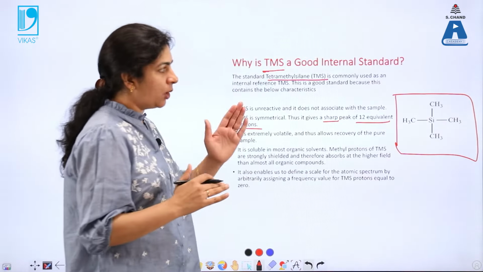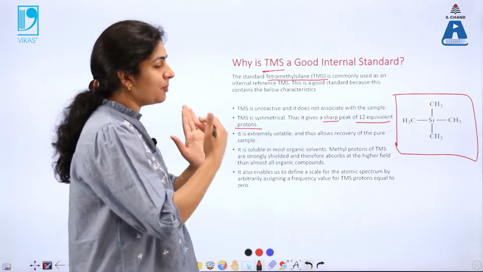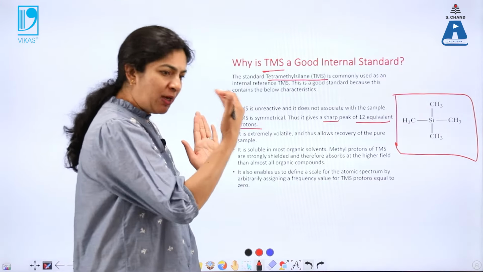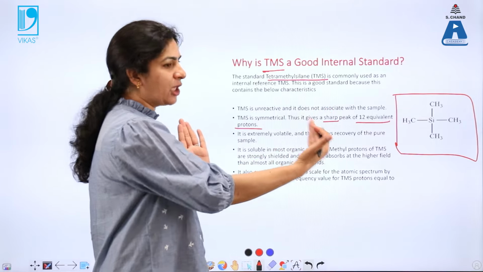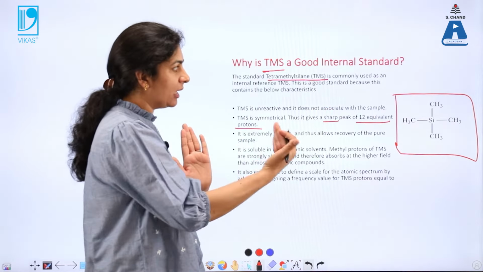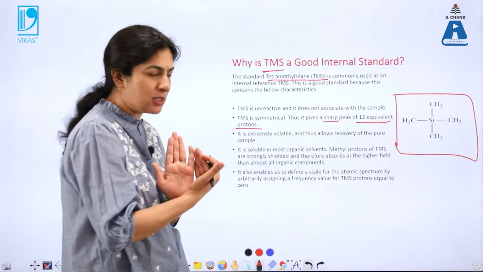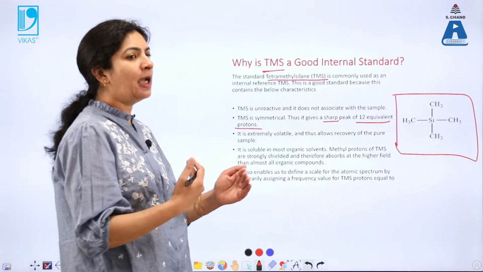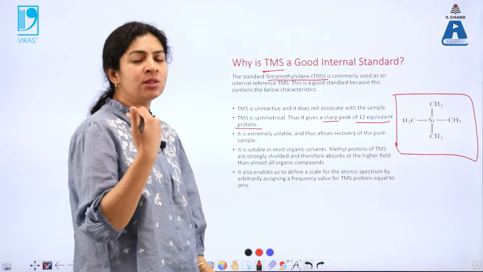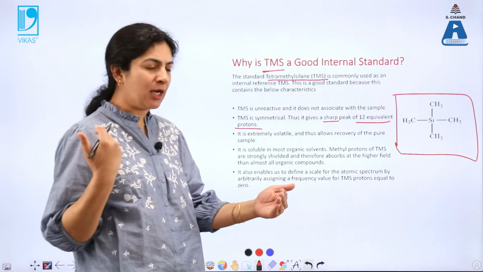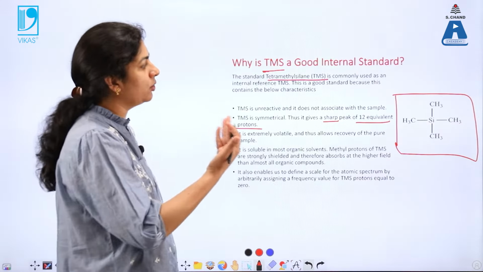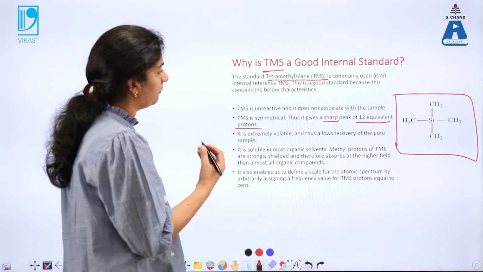We can place the reference at the extreme right hand of the delta scale, the scale that we use to express the chemical shift, and all other molecules will show the NMR signal on the left hand side of tetramethylsilane, that is your reference.